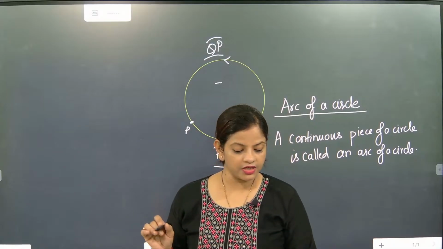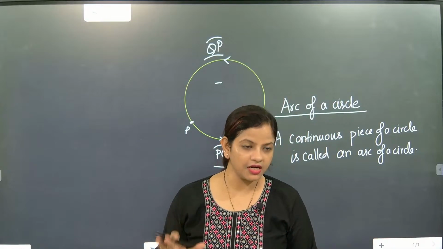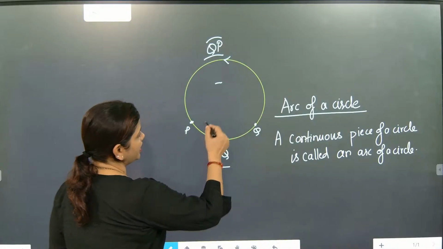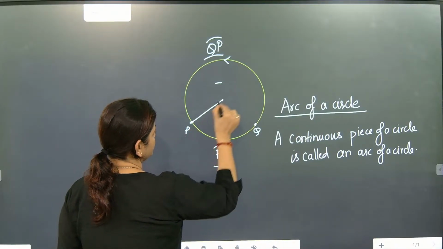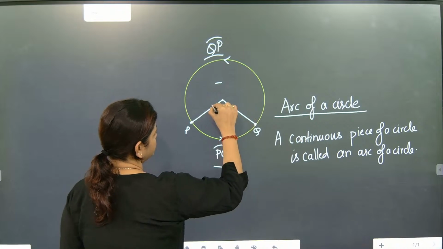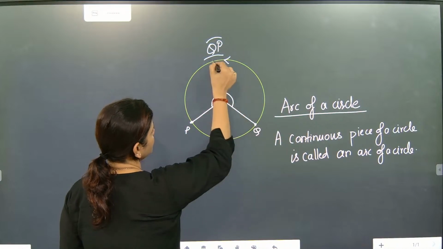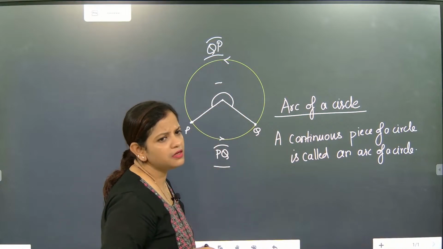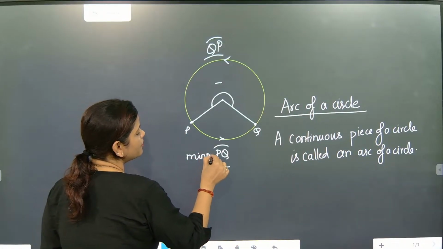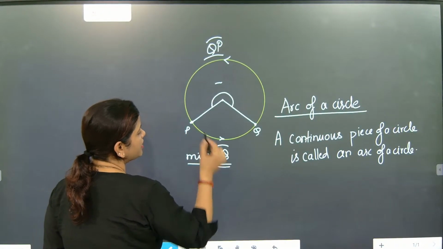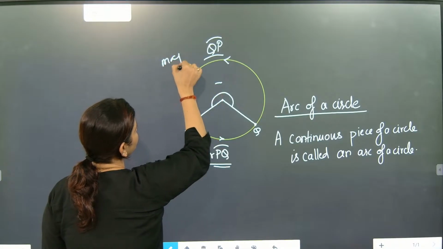So beta, if this goes like this, it is major arc or minor arc from the center. Then QP will become what, beta? Major arc. And PQ will become minor arc, and this one will become major arc.